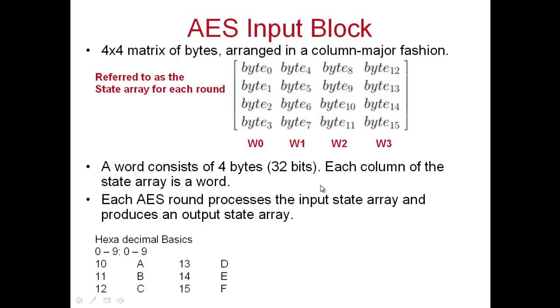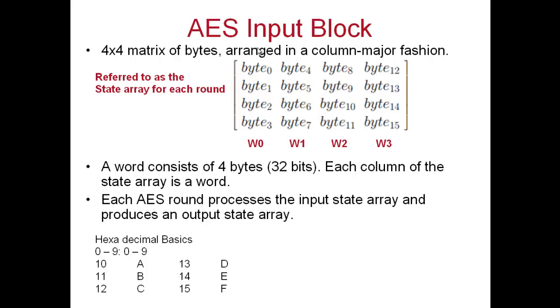We'll also use a terminology called word. A word is a collection of 4 bytes, so a word is 32 bits. We'll call each column a word, because each column comprises 4 bytes.